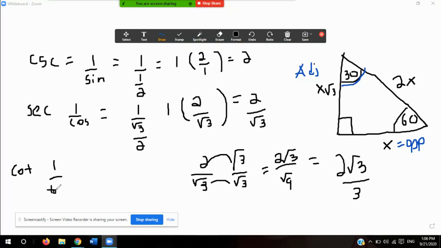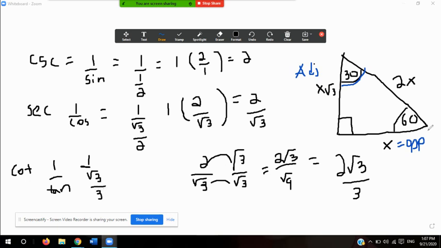Okay, so we would just plug in the numbers. We found our tangent because our tangent of 30 was the square root of 3 over 3. So we say 1 over the square root of 3 over 3.